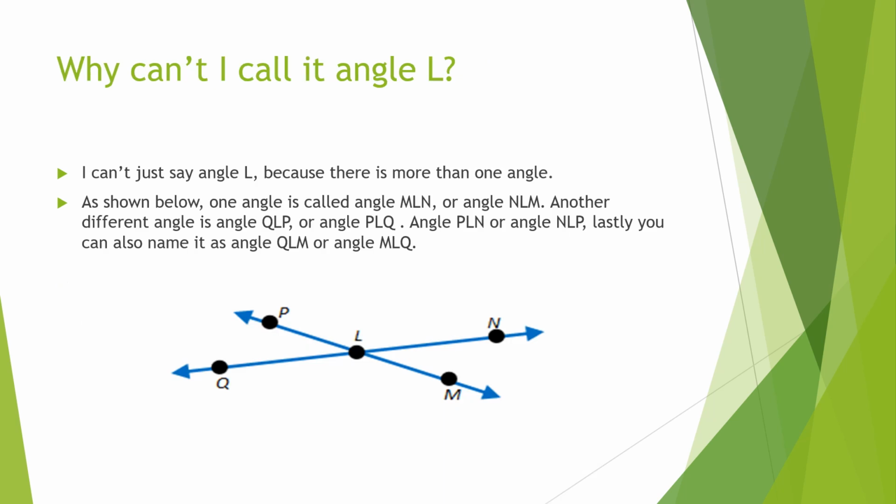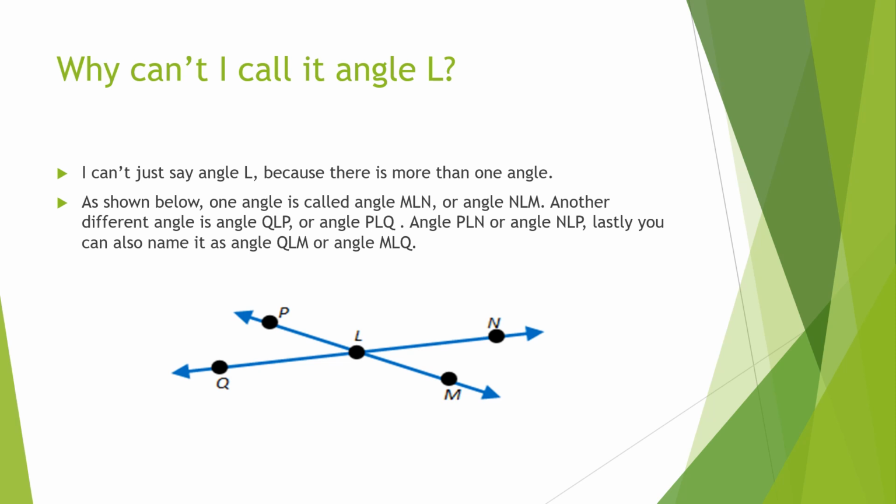Why can't I call it angle L only? You can't just say angle L because there is more than one angle. As you can see on the bottom, there is more than one angle. That is why we use namings, to not confuse ourselves. And there is one vertex. That confuses us a lot. That's why we use namings.